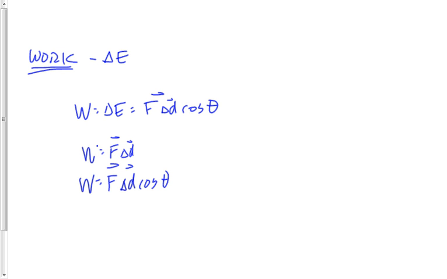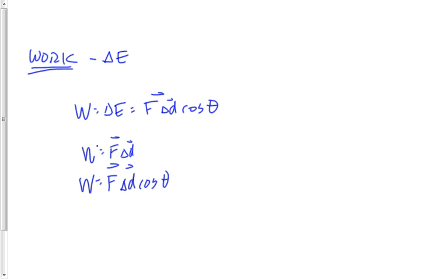So if I push it at 30 degrees and it moves at 0, then the angle that I would include would be 30. If I push it at 45 and it moves at 30, then the angle that I would be concerned with, theta, would be 15 degrees in that case. If I push it at 175 and it moves at 175, then the angle would be 0 in that case. Theta is the angle between the way that I push it and the way that it moves.